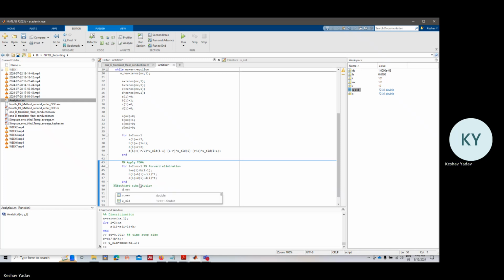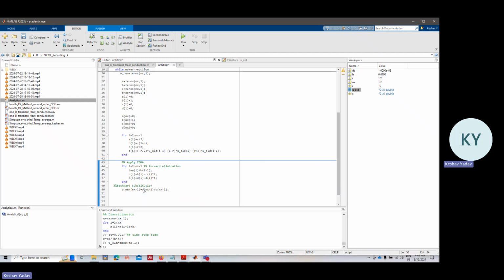So my u new of nx minus 1 will be equal to d of nx minus 1 divided by b of nx minus 1 from TDMA.